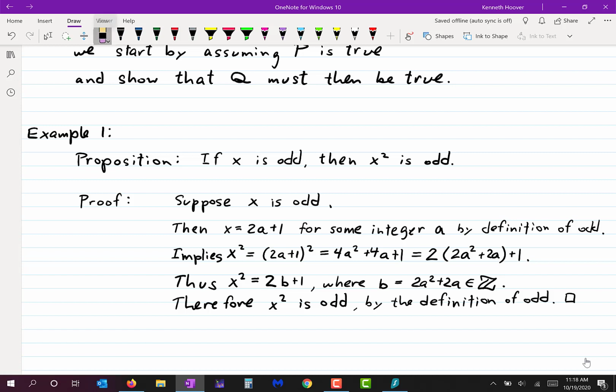If I insist on using the word implies, then I need another word in front of it, like "this," or something like that. This implies x squared equals. Okay, now that's a grammatically correct sentence. So because the word implies mandates that you put another word in front of it, then you're not really saving yourself anything by using it.